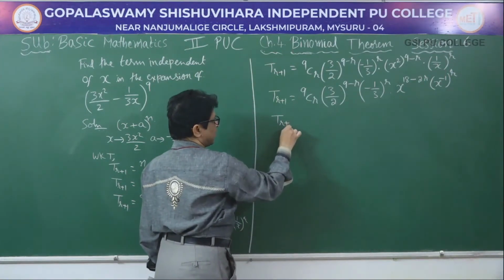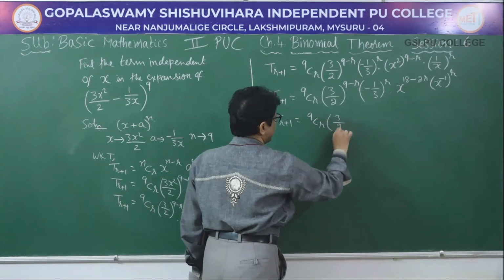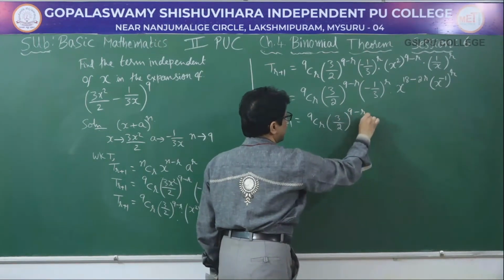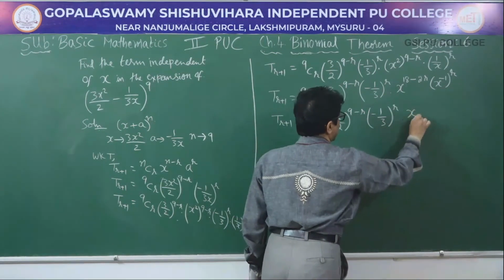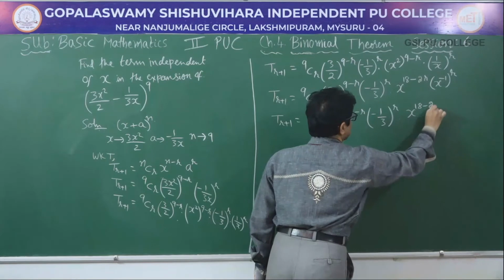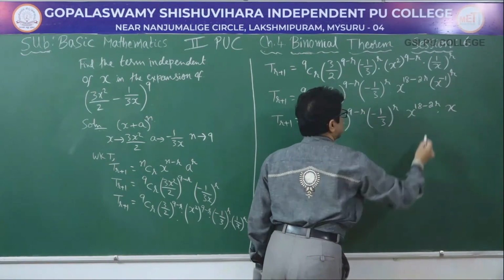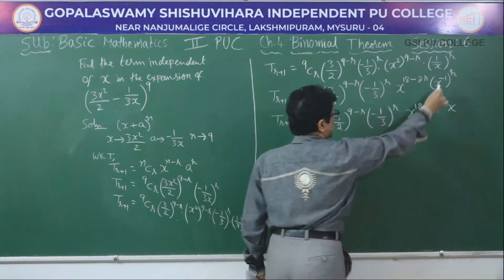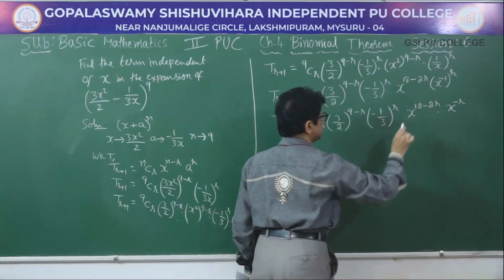So T(r+1) is equal to 9Cr into (3 by 2) whole power (9 minus r) into (minus 1 by 3) whole power r into x power (18 minus 2r) into, here (a power m) whole power n is a power mn, that is minus 1 into r is x power minus r.